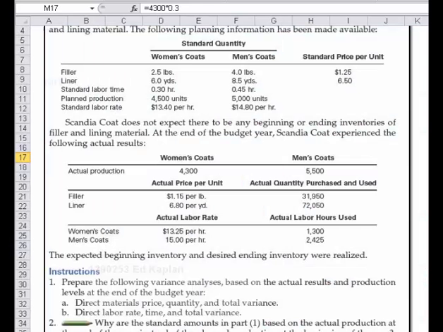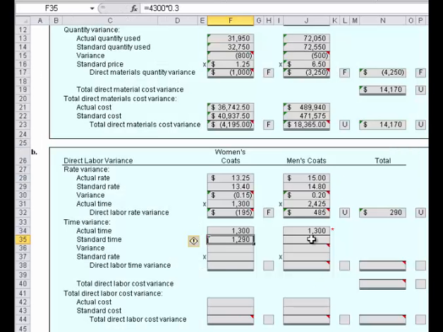Then we do the same thing for the men's coats, which is 5,500 times 0.45 hours. If we copy that, we come up with 2475.